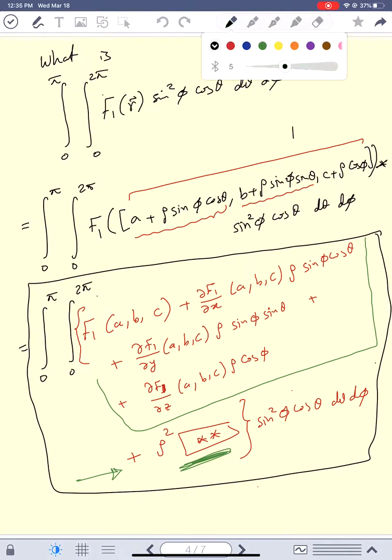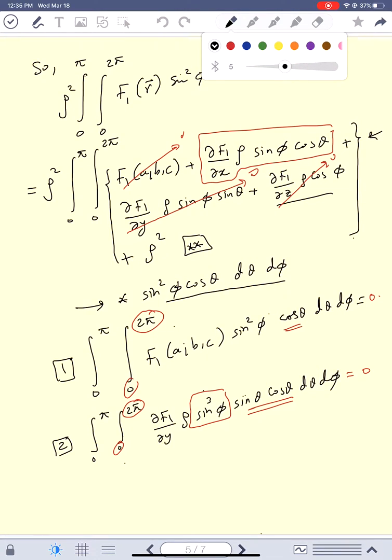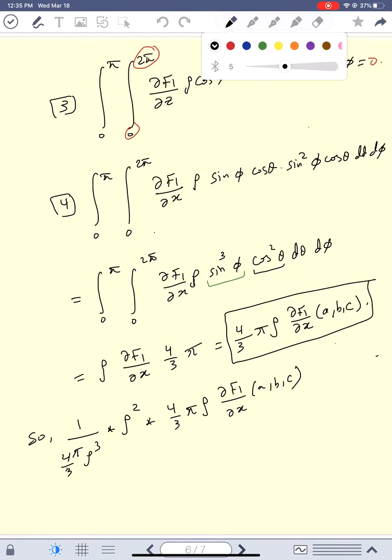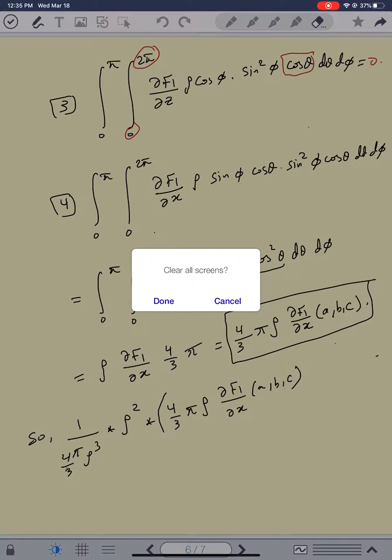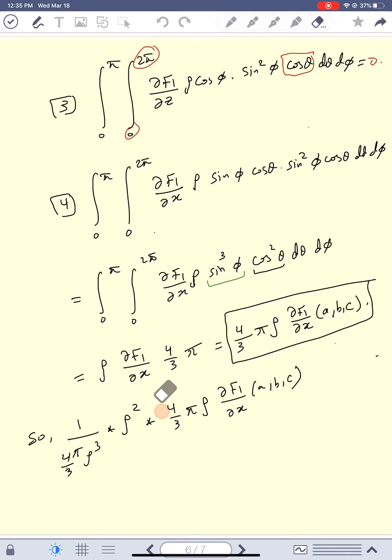Because regardless of what this quantity is, let me change the bracket. So if you take plus rho square multiplied with that quantity, I don't care what the quantity is, even after integration, I really don't care.